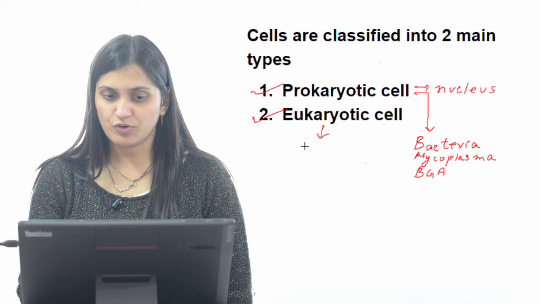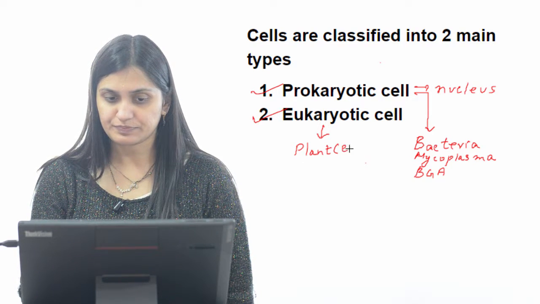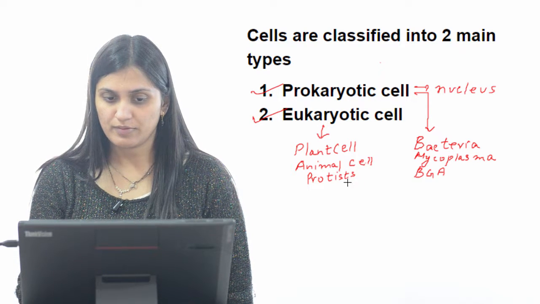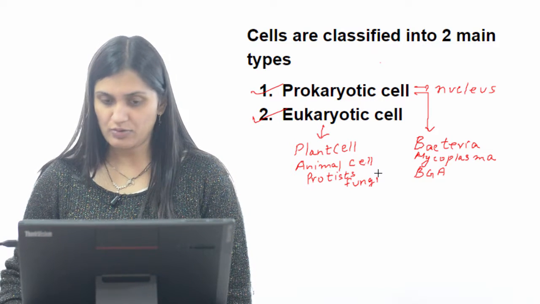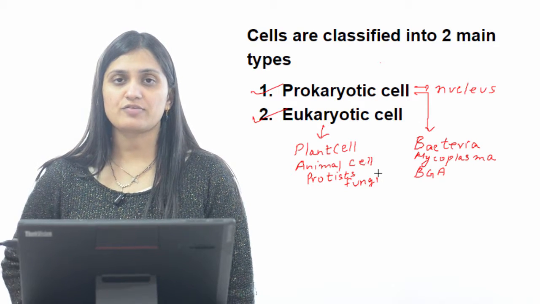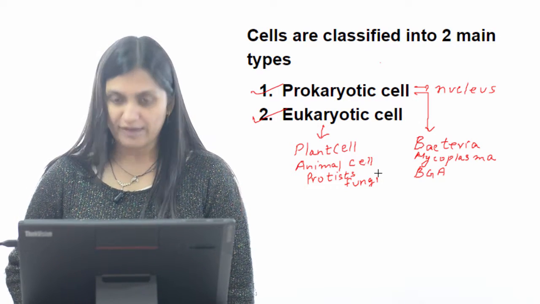In case of eukaryotic cell, some of the examples are plant cells, then we have animal cell, then protists and fungi.